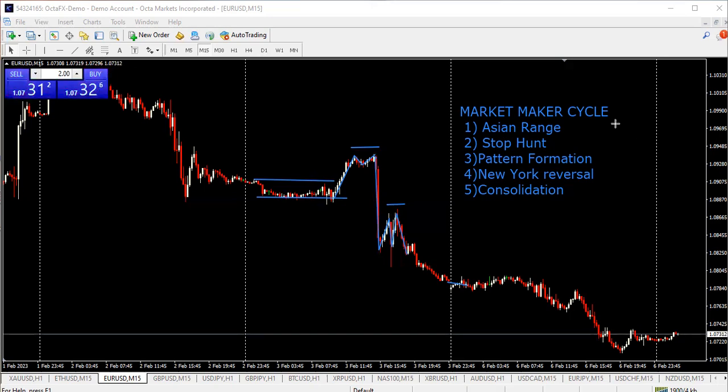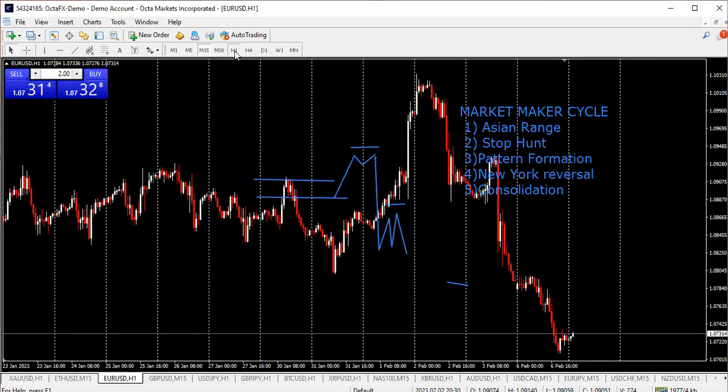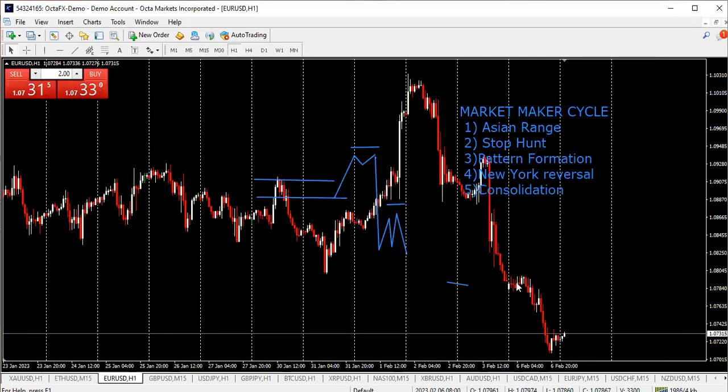Now let's take for instance, let's go to the 15 minutes, one hour time frame. Now we understand. Look, the overall structure was bearish. Can you see the market is following a lower low?